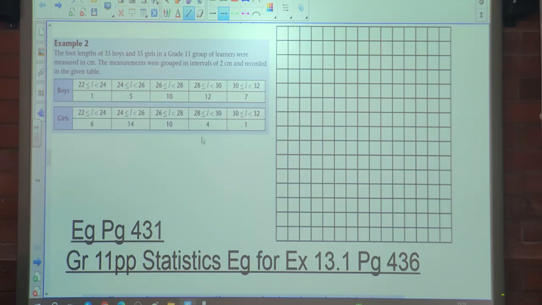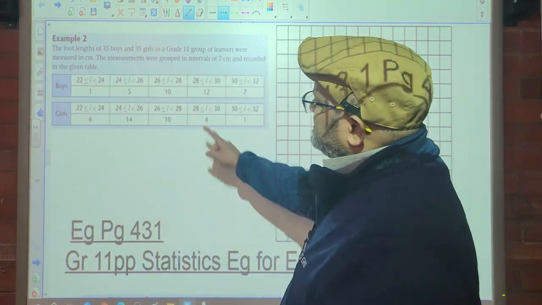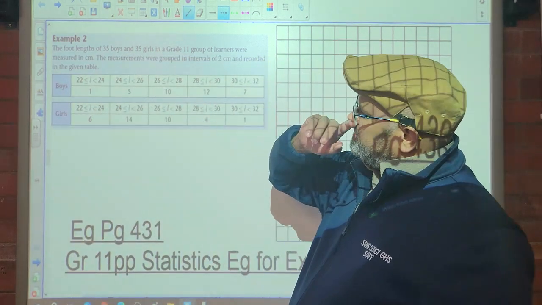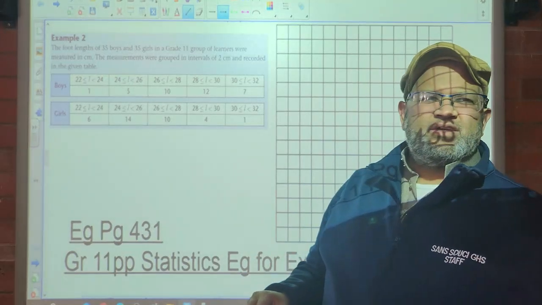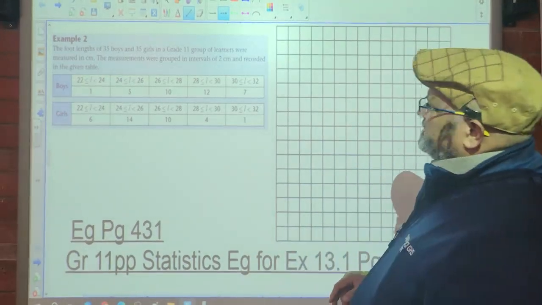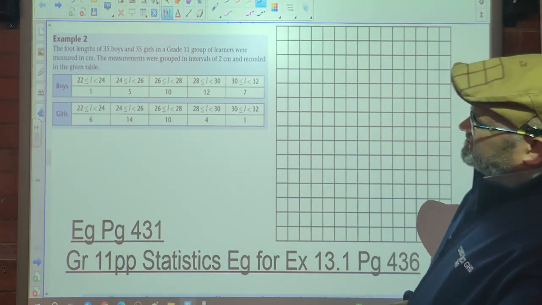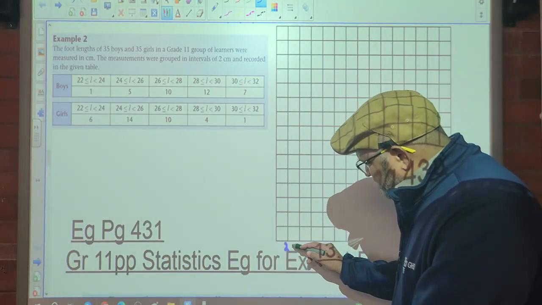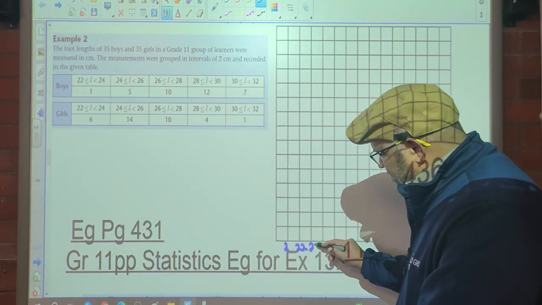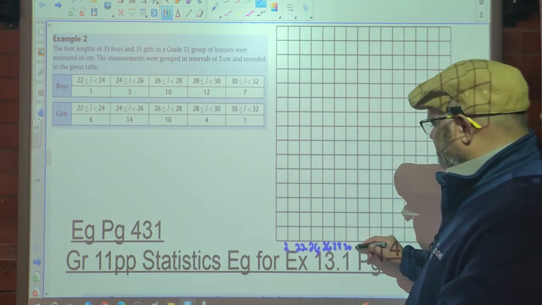Okay, so example 2. The lowest is 22. The question was to draw a histogram. So for boys, it's 22 to 32, so it's 10. So it's 22, 24, 26, 28, 30, 32.